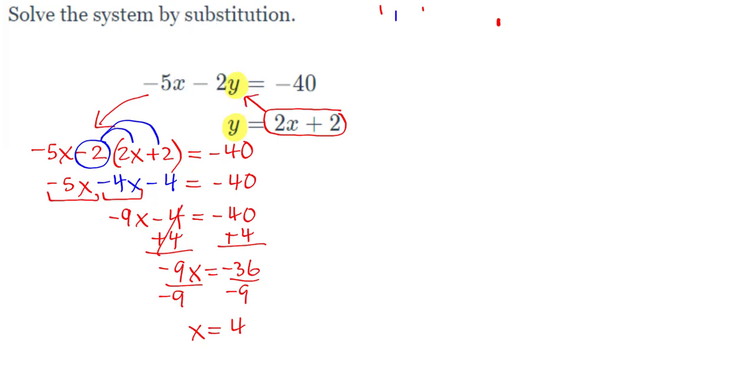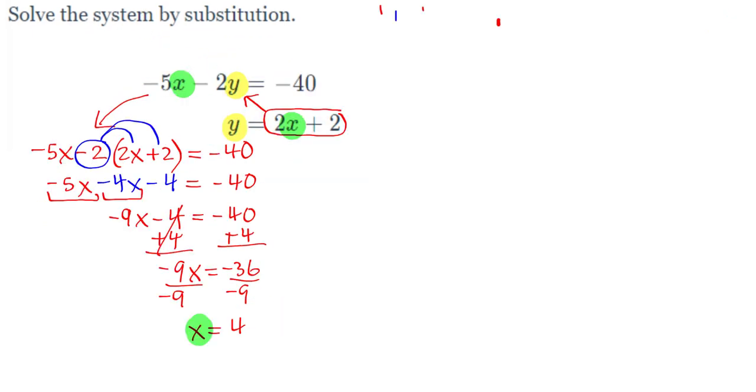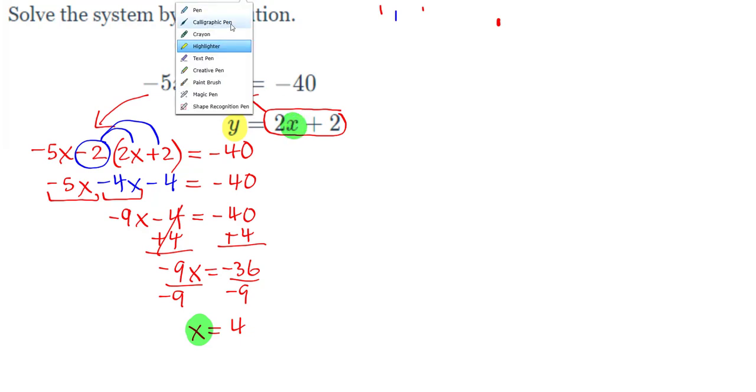Now that x is isolated, I can go ahead and point out that I'm going to substitute 4 for x. And again, I could do this one here, or I could do this one here, but like I did in the last one, wherever I started, notice I started with this equation, that's where I return to. So in this problem right here, I'm actually not going to plug it in for x, although you could. I'm going to plug it into this value right here.